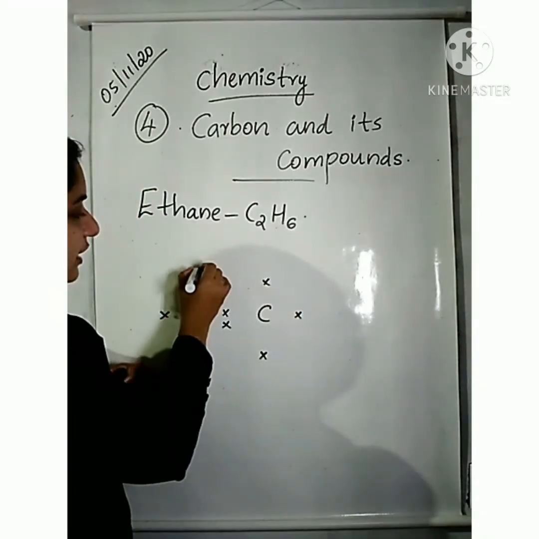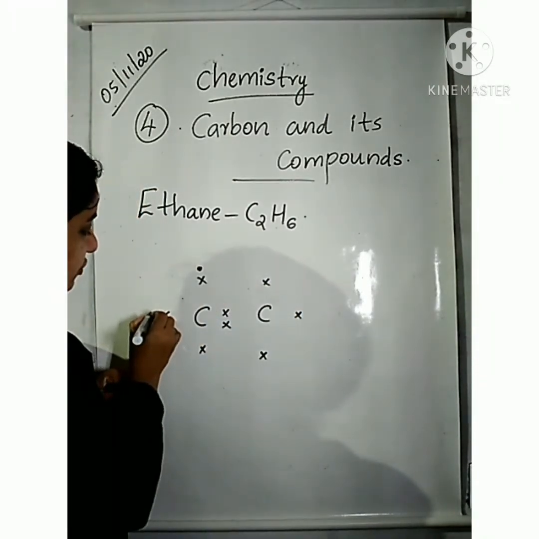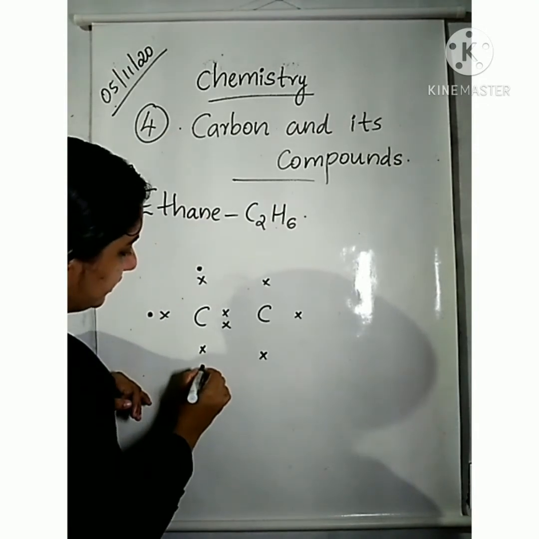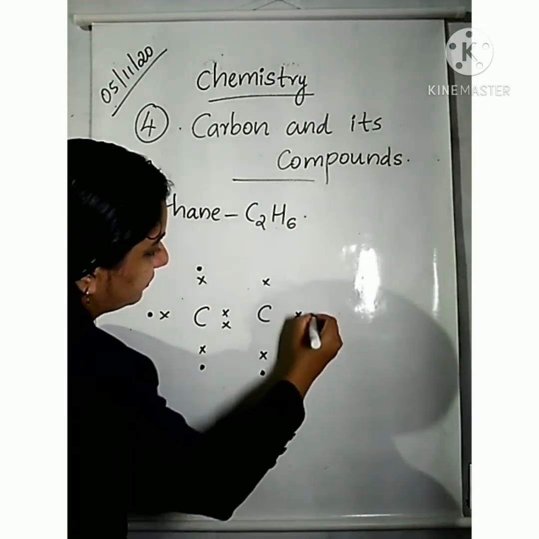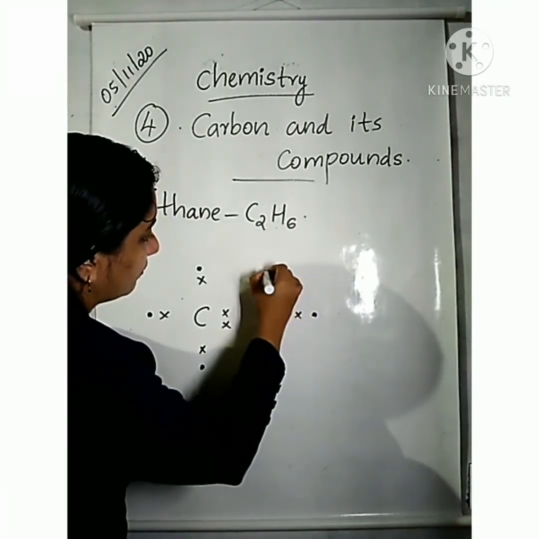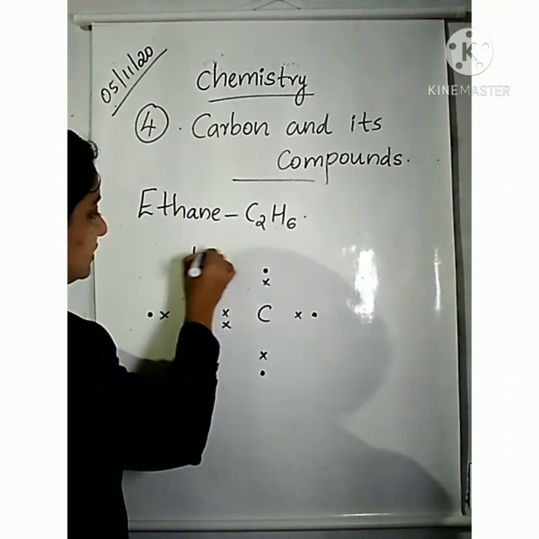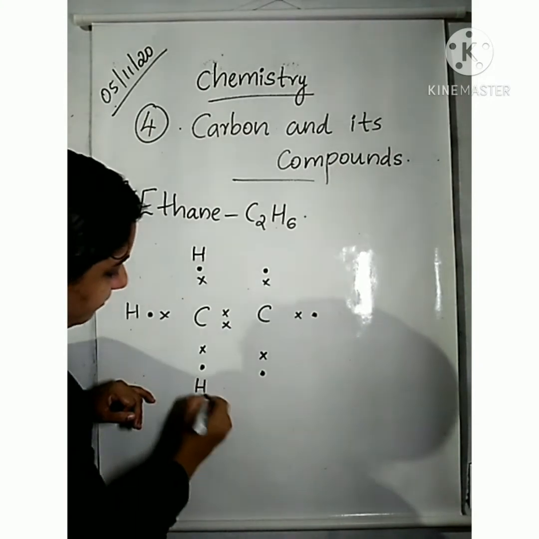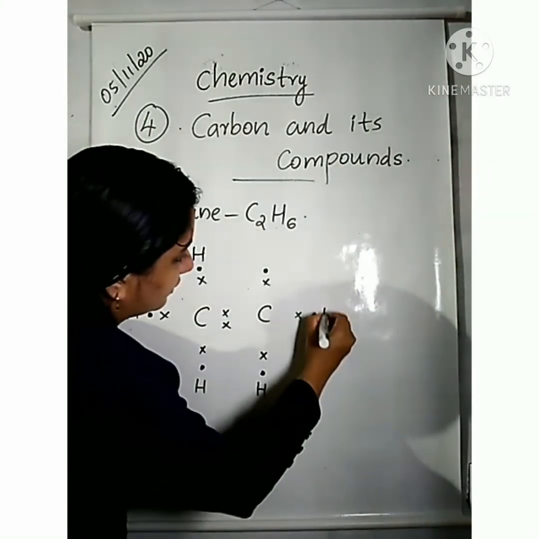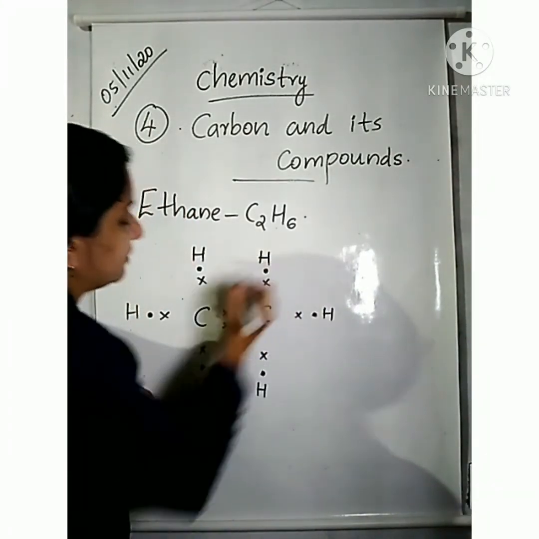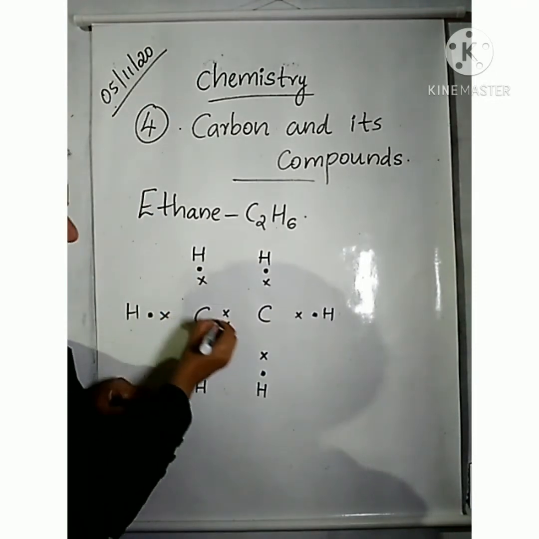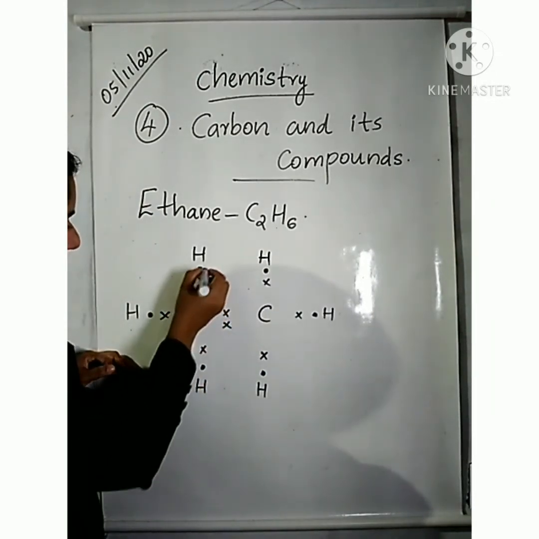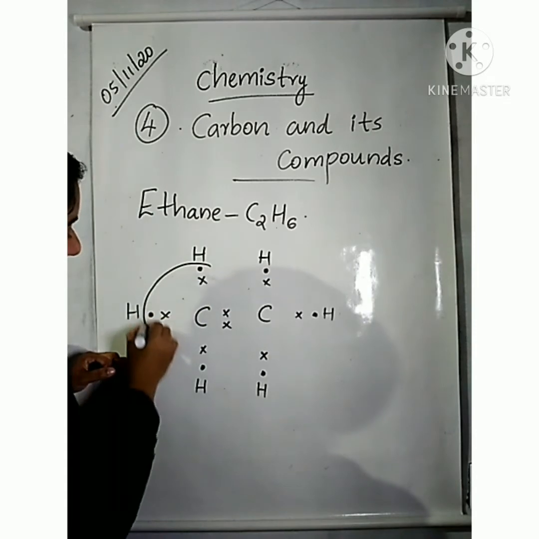Then draw the hydrogen atoms. Total 6 hydrogen atoms. This is the valence electron of hydrogen atom. 6 hydrogen atoms are present. Then draw like this.